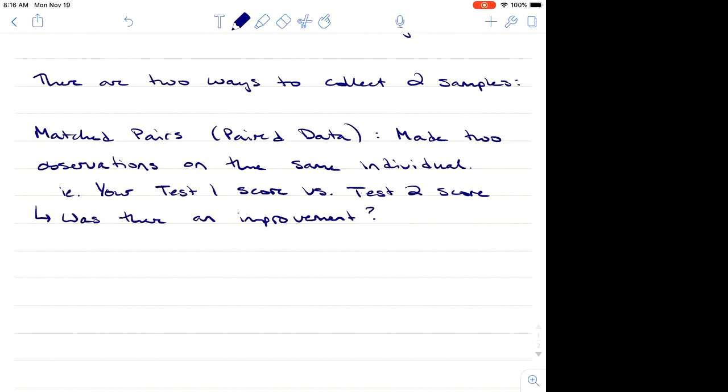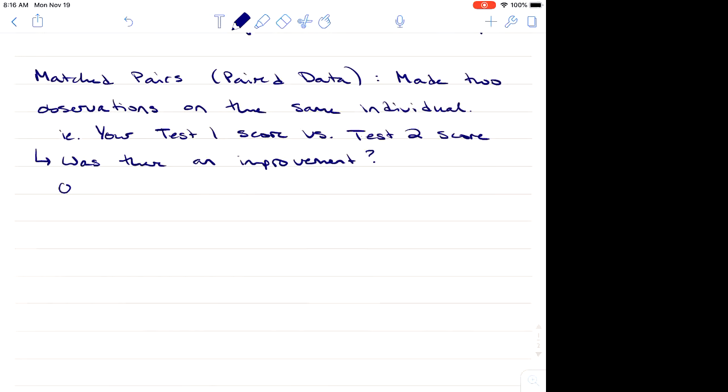Some other common situations are before and after studies. That one's really common. They can basically be boiled down to before and after, all of them.